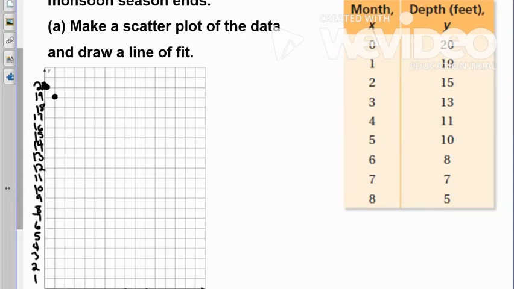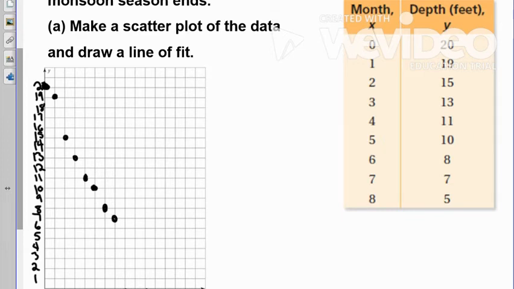Now, for some reason, my screen on this video is not showing you the bottom of the screen. But again, you should be able to see most of what we have up.